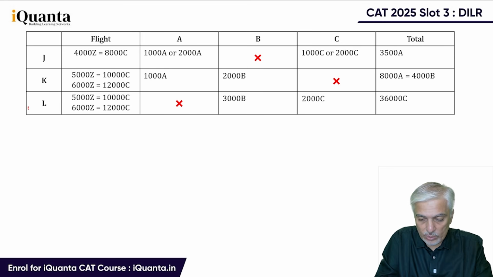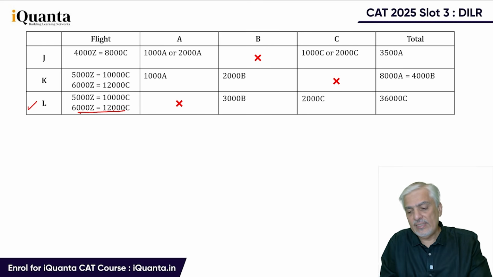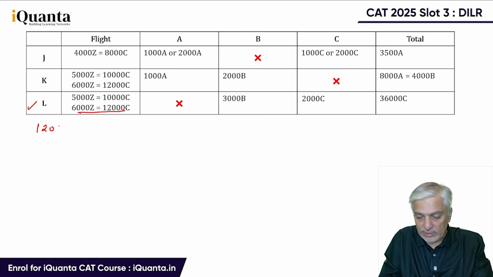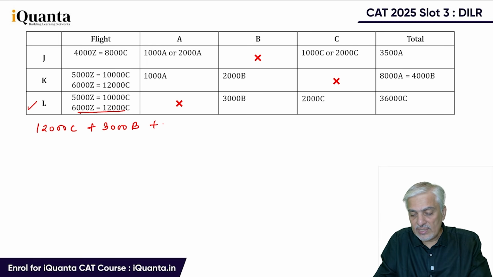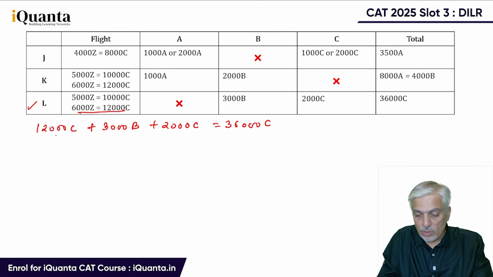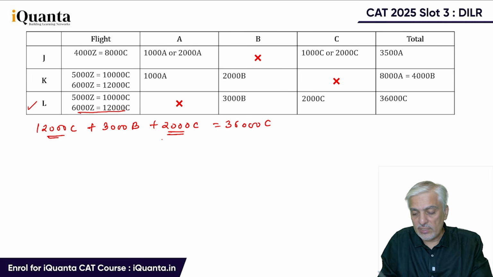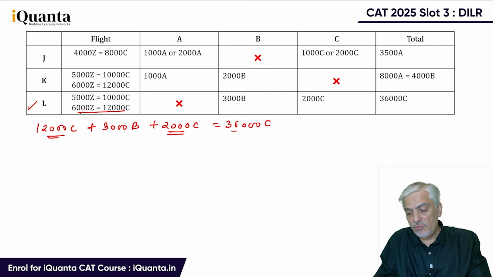So what I did was I took L and I made an assumption. Let's assume this was the right case. 6,000 Z is 12,000 C. So can I say 12,000 C plus 3,000 B plus 2,000 C is 36,000 C. Now 12,000 plus 2,000 is 14,000 C. 36 minus 14 is 22.